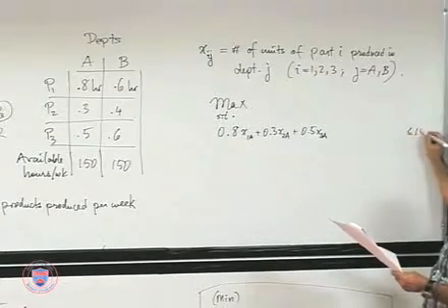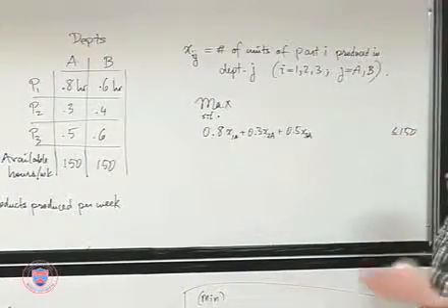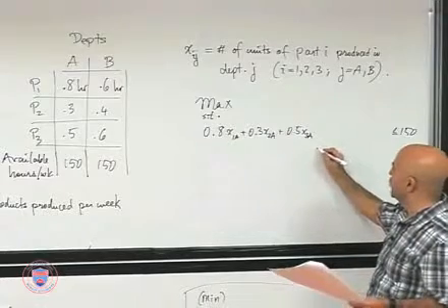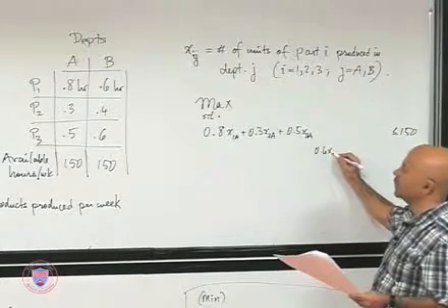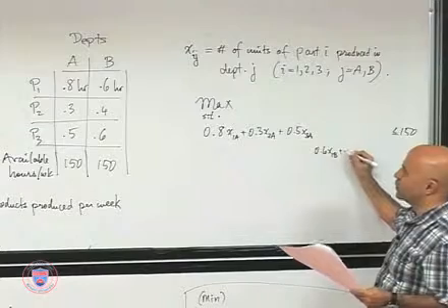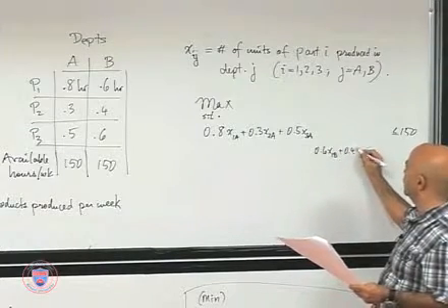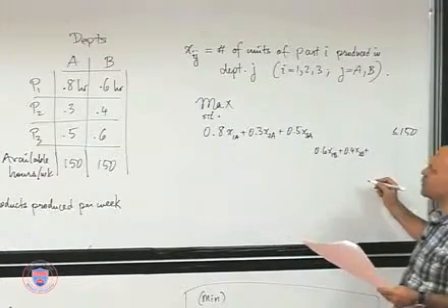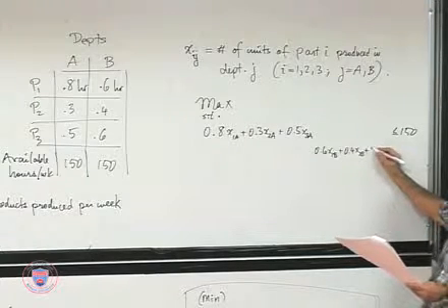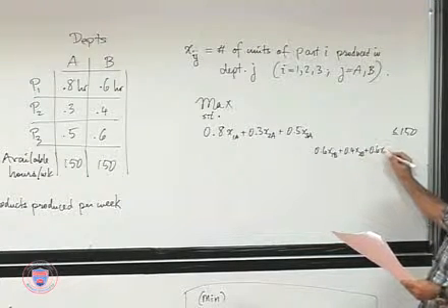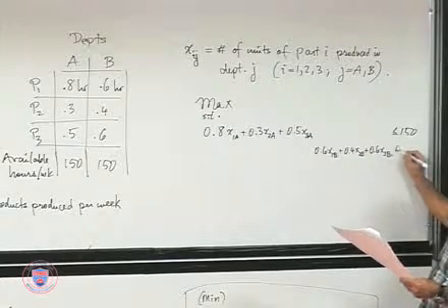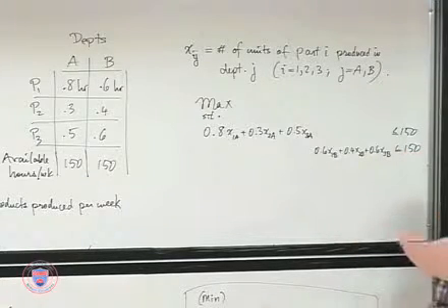That's supposed to be less than or equal to 150. Similarly, for the second department, 0.6 x1b plus 0.4 x2b plus 0.6 x3b is less than or equal to 150.